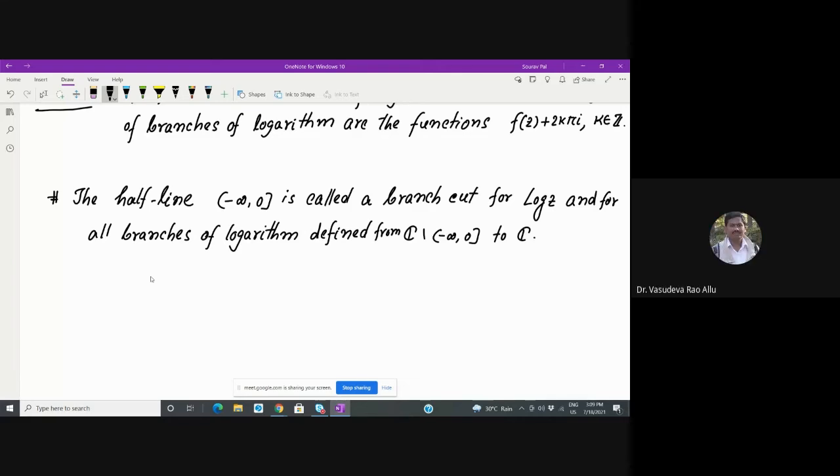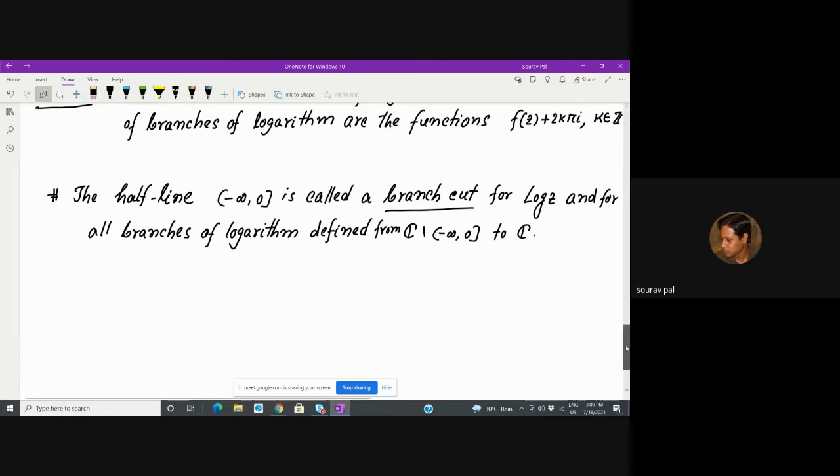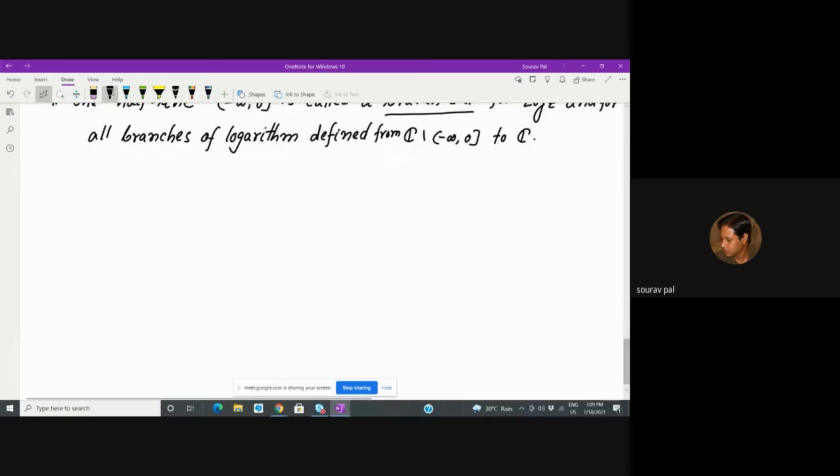Anyway, I think it's a very nice explanation about branch cut and branch points. Yes. So this is what is called a branch cut. And the thing is that now I am going to tell you, until now we have only one example.